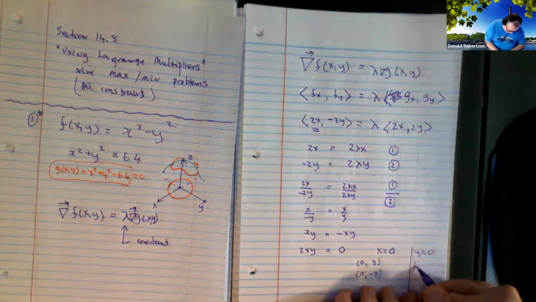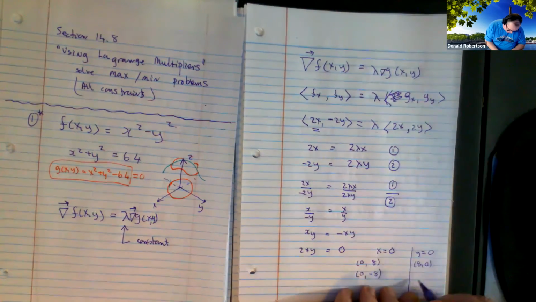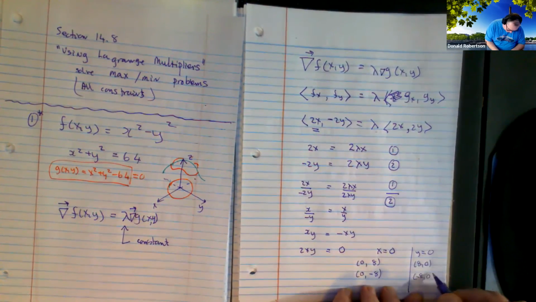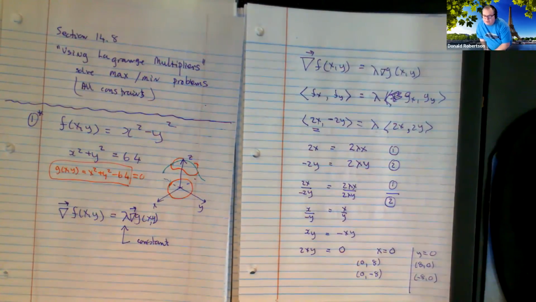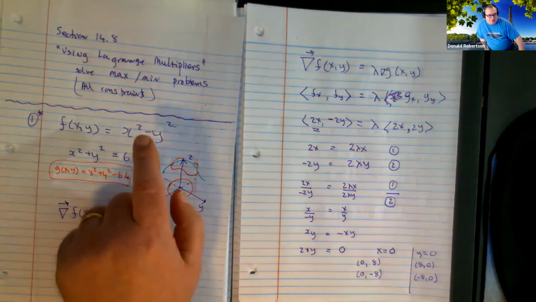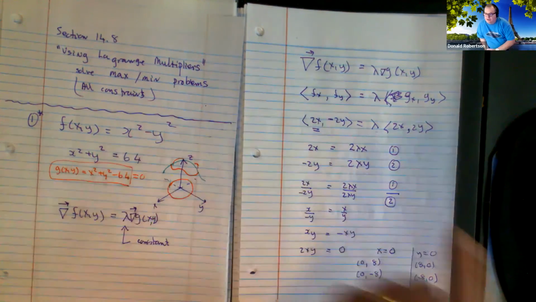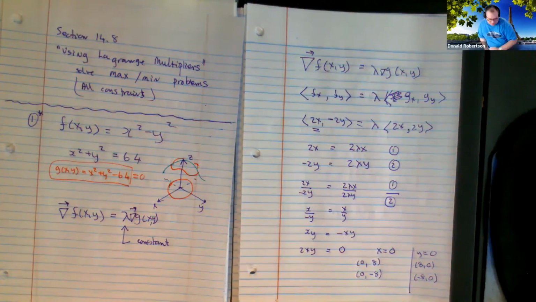That generates the other 2. We have basically found the 4 possible places for the maximum and minimum value of this function under that constraint, the absolute max and min.